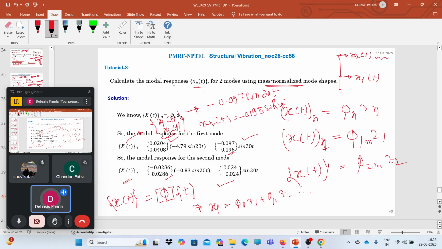If you have a 5 degree of freedom system and you need to solve all those responses, you can do it using state space. Also in modal coordinates, if we have a larger number of degrees of freedom, it will computationally help.